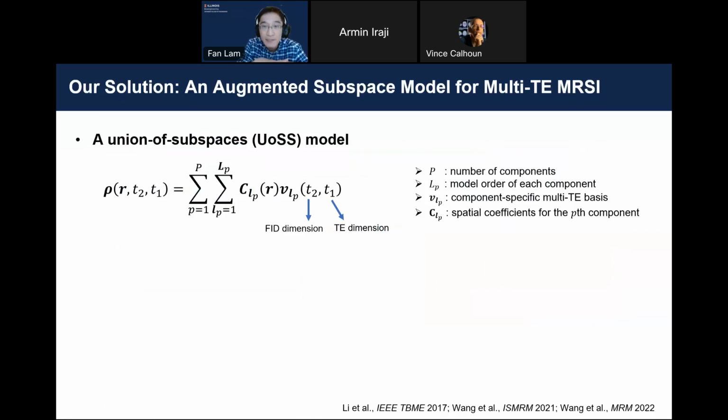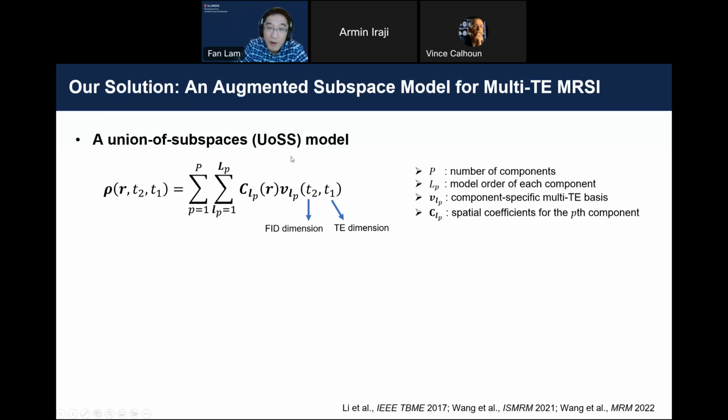Such an acquisition generates a very unique data set that couldn't be handled by conventional processing, particularly Fourier reconstruction methods. The way we handle it is we develop a union of subspaces model that extends and builds on the original SPICE framework. In this case, we are developing an augmented subspace model where we represent this very high dimensional spatially resolved temporal data, with additional dimension denoted as T1 here, in different components.